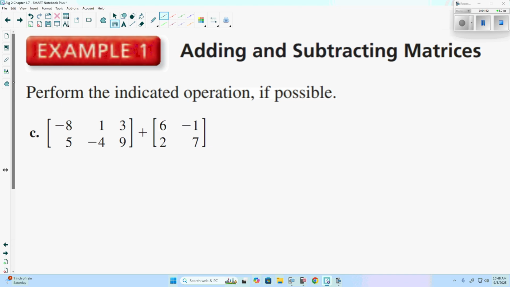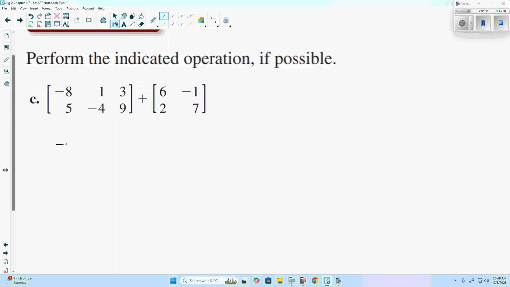All right. So let's just go on and do this here. So we'd have -8 plus 6 first, yes? Then 1 plus -1. And then 3 plus So what are the dimensions? 2 by 3 and a 2 by 2, yes?